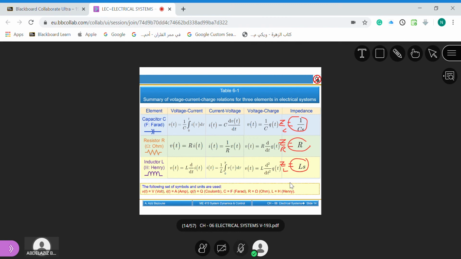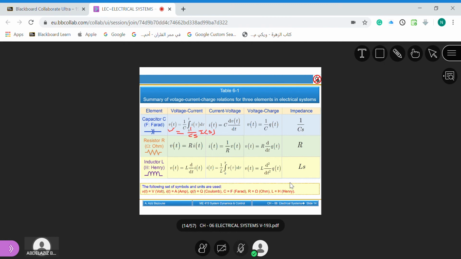It's just taking the Laplace transform of both sides of each equation. If we take the Laplace transform from the first relation, it turns out to be V equal to 1 over CS I of S, and this is your impedance, 1 over CS.